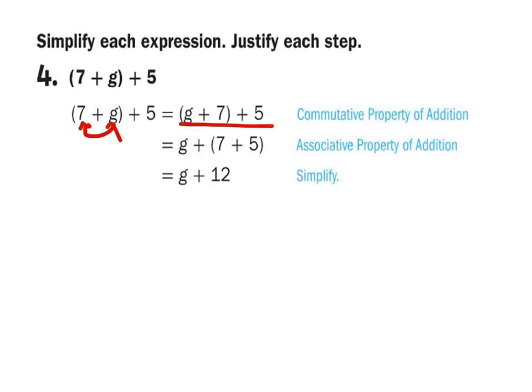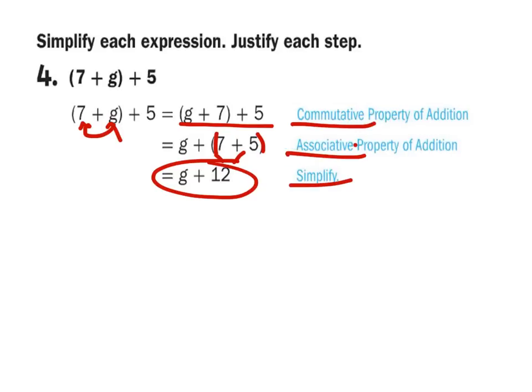And then they move the parentheses over right here. And you just do 7 plus 5, which gives you the 12. This would be your simplified answer. But in the process, you do have to name what you're doing. So this one was commutative. This one was associative. Then we simplified.